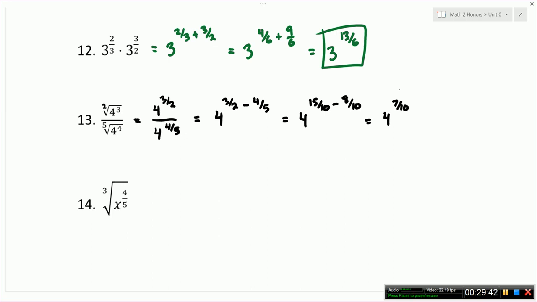It may look a little different too, because 4 is 2 squared. So we can do a little more work with this. We can write 2 squared, that's my 4, to the power of 7 over 10. Well, if I multiply 7 over 10 times 2, I end up with 2 to the power of 14 over 10, which reduces to 2 to the power of 7 over 5.